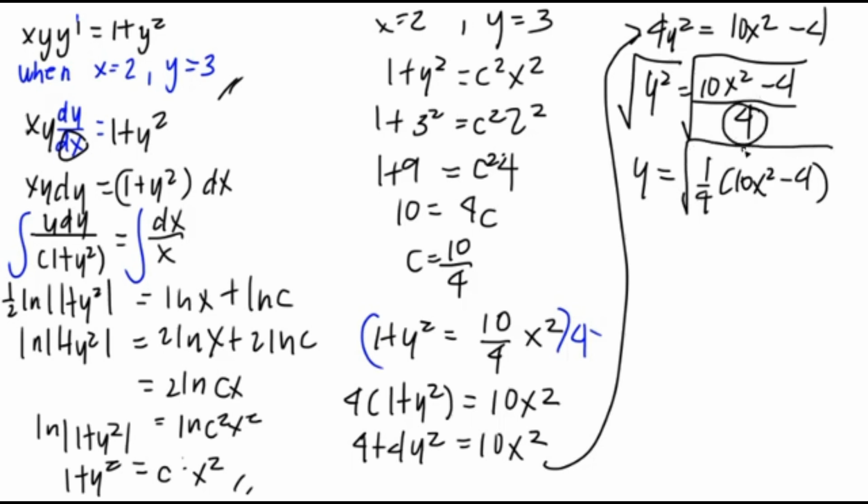Yung 1/4 galing sa 4 na denominator. Since may invisible na 1 na nakamultiply dito sa buong equation, may ibig sabihin may 1/4. So, alam natin ang square root ng 1/4 is 1/2. So, y is equal to 1/2 the square root of 10x squared minus 4. So, yan na yung final answer natin.